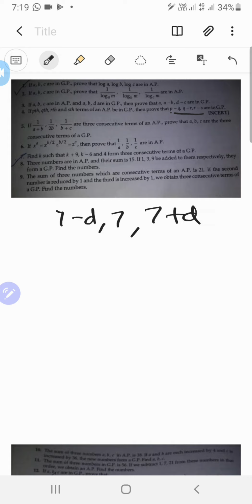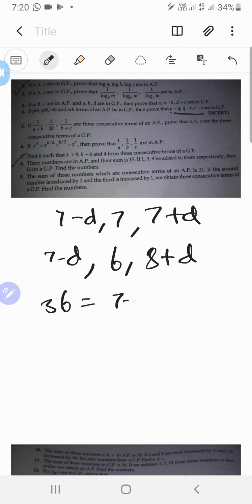Now what we are doing is that we are reducing the second number by 1 and increasing the third number by 1. So we get 6 and 8 plus d, and here this is 7 minus d. We obtain three consecutive terms of a GP, which means that 36 is equal to 7 minus d into 8 plus d.